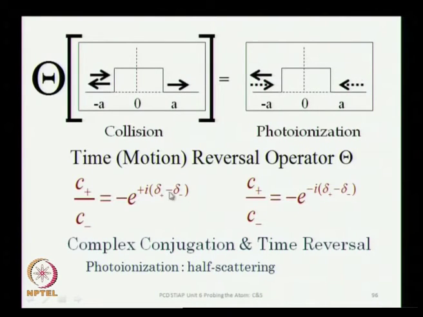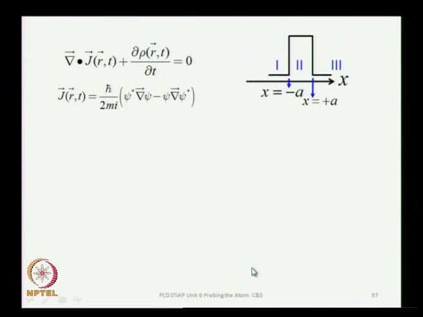This relates to the complex conjugation, and time reversal goes together. This is the essential message from this, which is why, as I mentioned, photoionization is sometimes called half scattering. And while we are at this, I will mention a few other learnings from this one dimensional problem which are important in scattering theory.